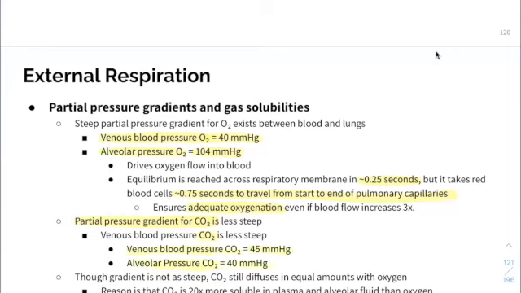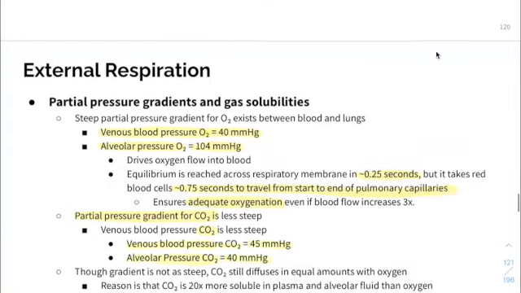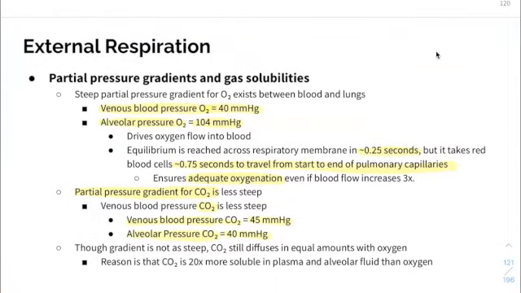In our alveoli, it's only 40 millimeters of mercury. That's only a 5 millimeter of mercury difference. That's not a lot. But it still diffuses just as well as oxygen.